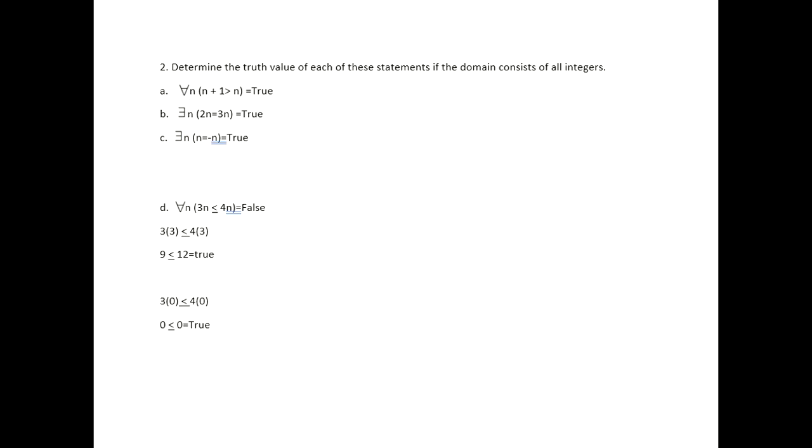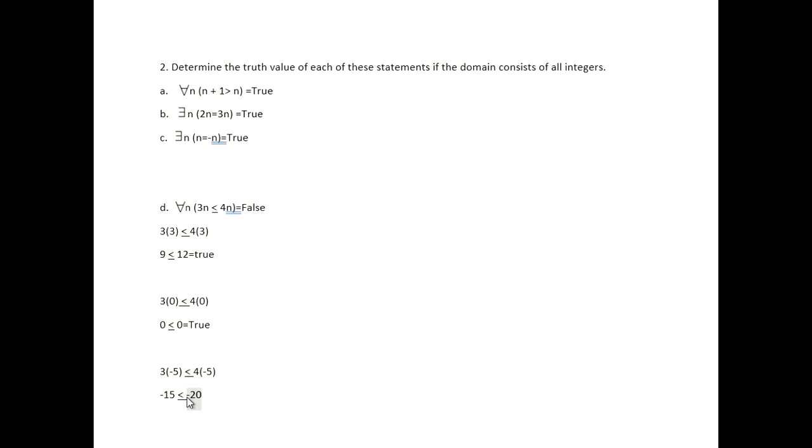So, if we put a negative integer as the value of n, let's say negative 5. So, 3 times negative 5 is negative 15, then 4 times negative 5 is negative 20.